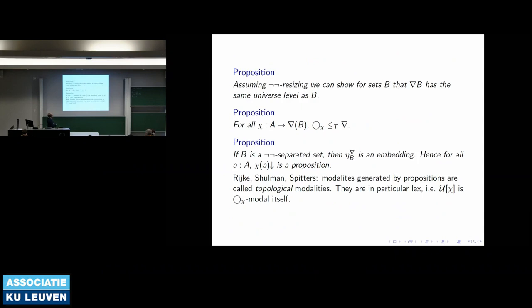Okay, and then for practical reasons, it's convenient that using double negation and stable, we can show this nabla as the right universe level, but I'll gloss over this. So some other basic propositions. All of these modalities are below nabla, just for formal reasons, because we're only nullifying nabla connected things.